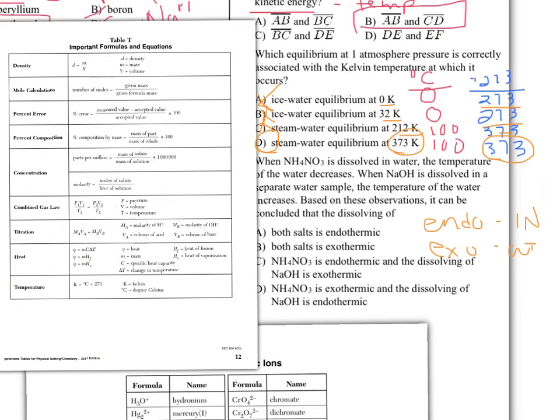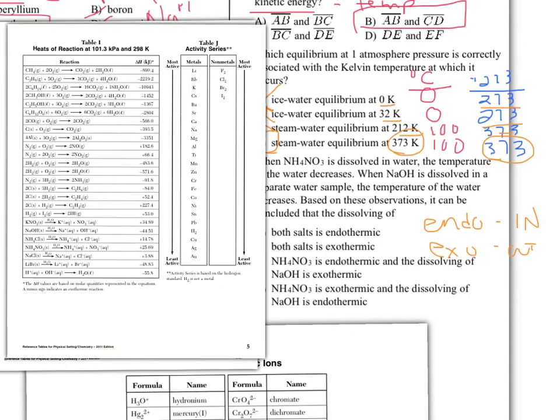In this case, references to endothermic and exothermic can be found on reference table I, like "I love ice cream." Here on reference table I, we want to look up the dissolving of sodium hydroxide and ammonium nitrate. So I've circled these two processes, and the next step is to make sure you read and understand the table.